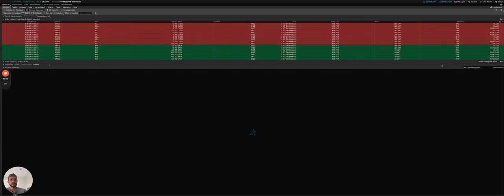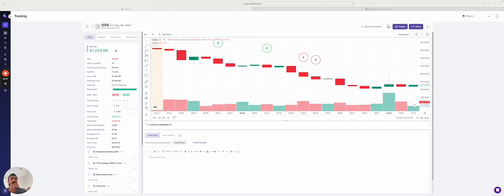That was about a 77% win for the day. So this is my trade Zella. Alright, so this is the trade, 1224, 77%, 4 times realized.